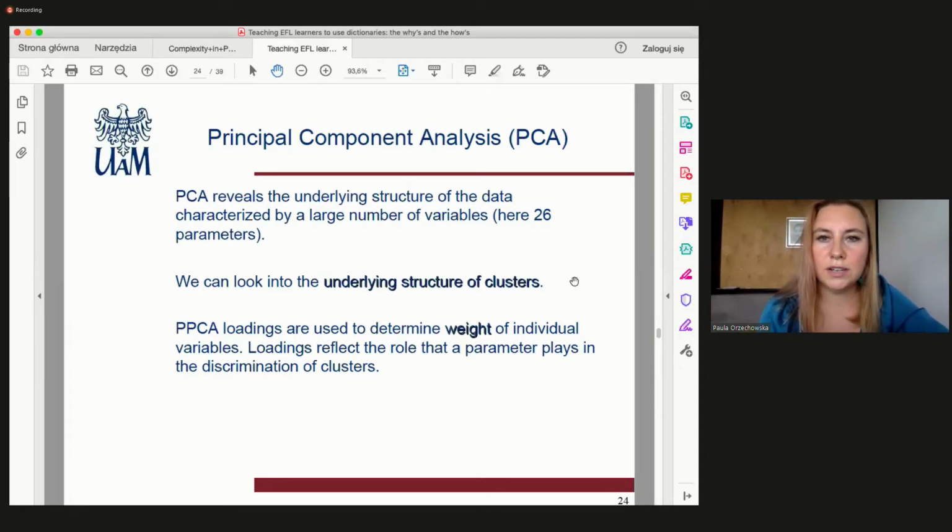So for this purpose, I used a principal component analysis, which is actually a very good measure for this type of study, because it transforms all these 26 variables into components, and it lets us see really which of the variables are the most important ones for the discrimination of the data. So we can actually see the underlying structure of clusters, so to say.